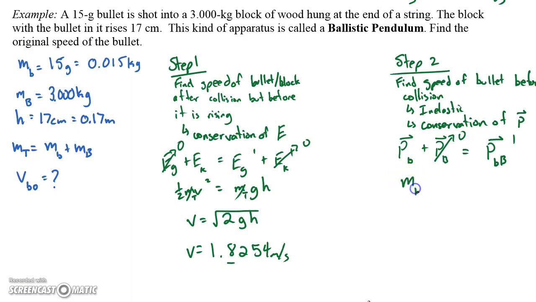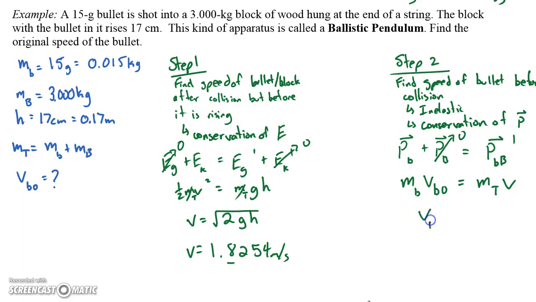So we've got the mass of the bullet times the velocity. It's a vector for momentum, but we're just dealing with magnitudes here, so we can drop the vector arrow now. And then the speed of that bullet beforehand, so VB0, is equal to the mass total, bullet plus the block, times V. Now that V we just calculated.